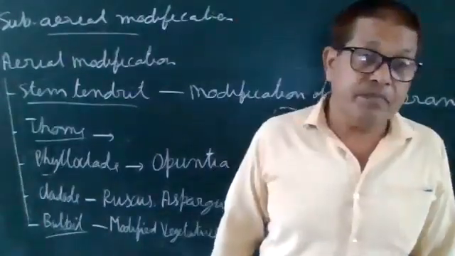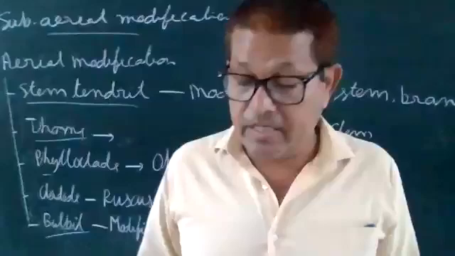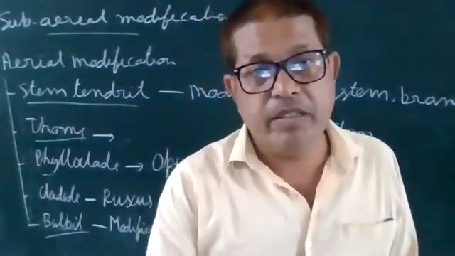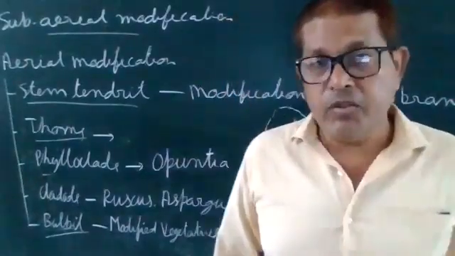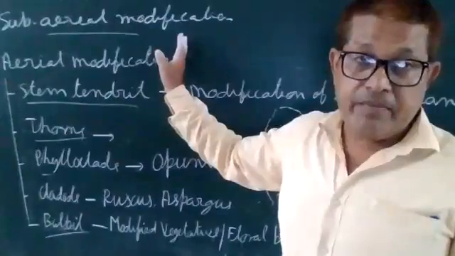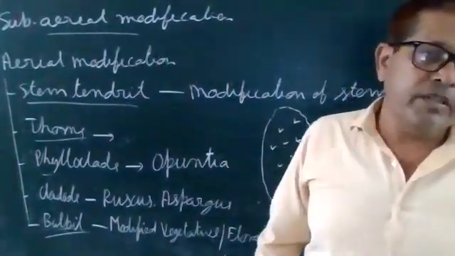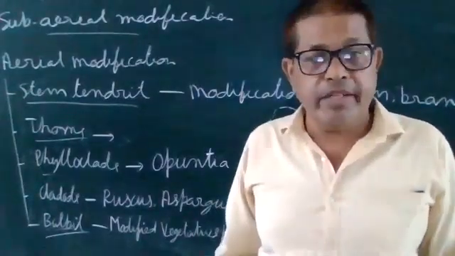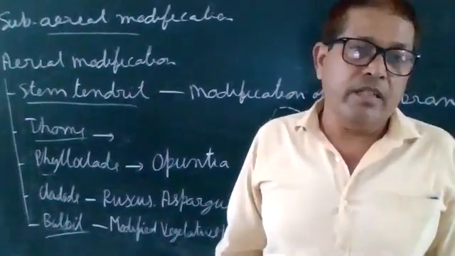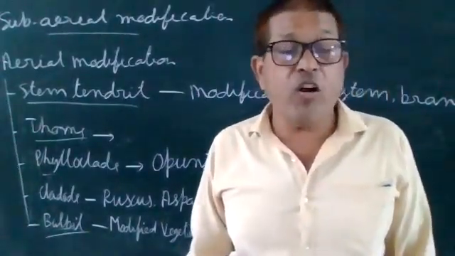Next time we have to discuss the leaves and the modification of the leaves. Today we have studied the subaerial modification. In subaerial modification, I told you about the runners, suckers, stolons, and offsets.